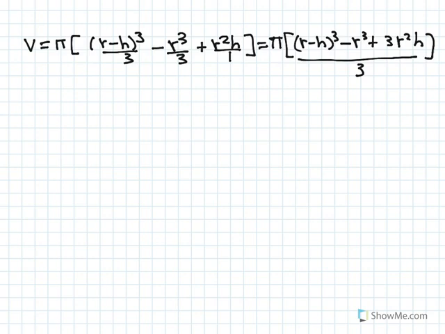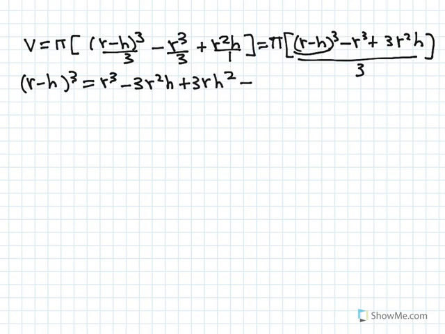Now, I want to expand this r minus h cubed so we get things canceling out. If we were to expand it, we get r cubed minus 3r squared h plus 3r h squared minus h cubed.